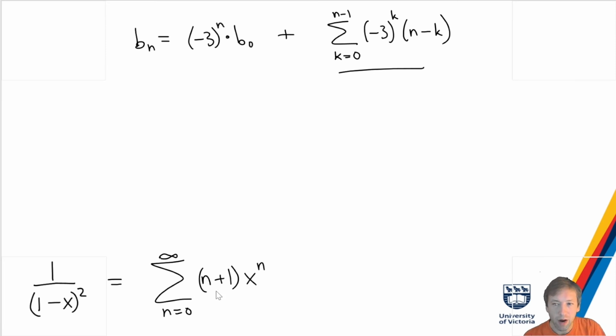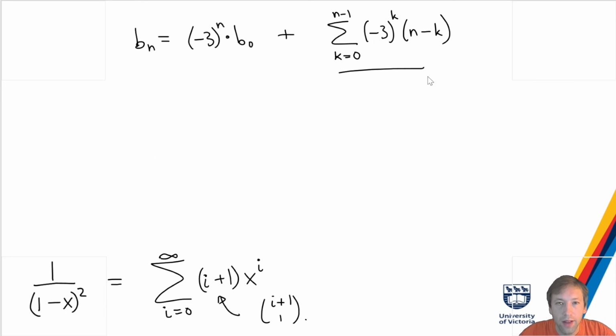This is a little awkward though, because I don't want to use the variable n, since n is playing a different role in my sum. But let's use another variable i, it doesn't matter what the variable is called. So 1 over 1 minus x squared is equal to the sum i equals 0 to infinity of i plus 1 times x to the i, where the i plus 1 comes from i plus 1 choose 1.